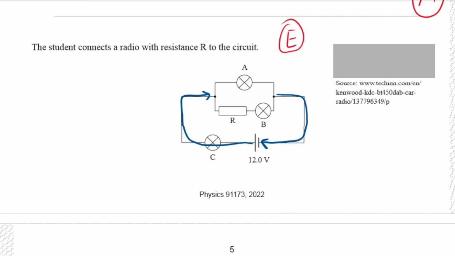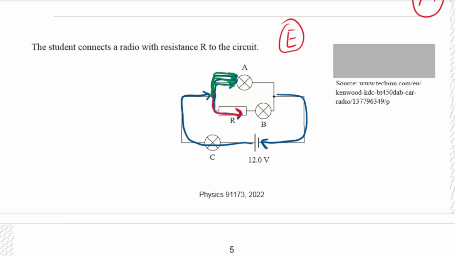Firstly, if this current, the blue current that I've just drawn, has decreased, that means less of it is going to come to this junction, so you might think that less current goes to lamp A. Now, that is not the case, because this branch now has a larger resistance, so more of the current is going to want to go through A, and less of the current is going to want to go through R and B. So even though this overall circuit current has decreased, the current going through lamp A has actually increased, and the current going through the radio and the lamp B has decreased.